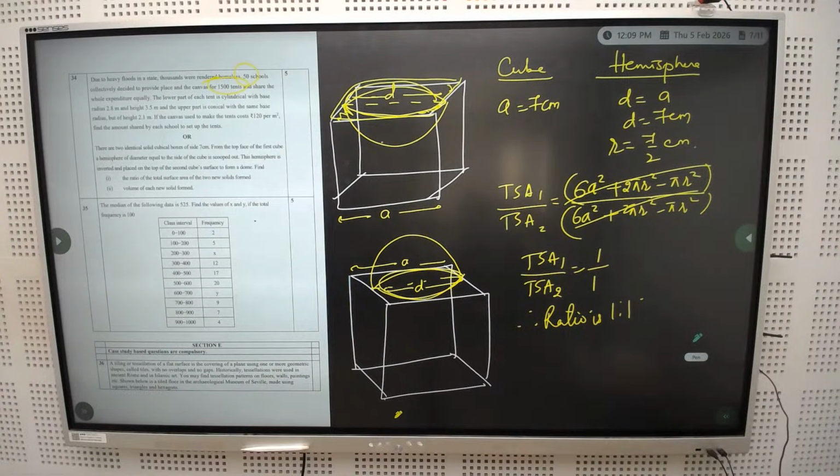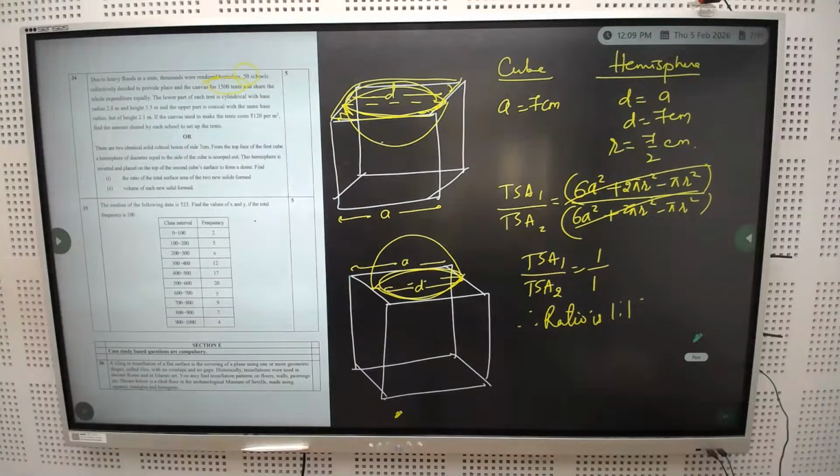That is volume. In volume, if any shapes are joined, it will be added. From one shape, if some shape is removed, think of the pen stand, do you remember? Problem pen stand, try to recall. The pen stand is of what shape? Cuboid. In that, how many cone shapes are there? 4. Why did you do minus 4? Because that part is removed. If that part is removed, should I add or subtract? Subtract.